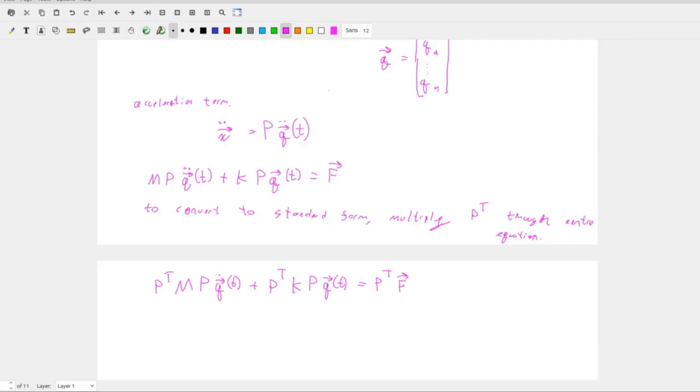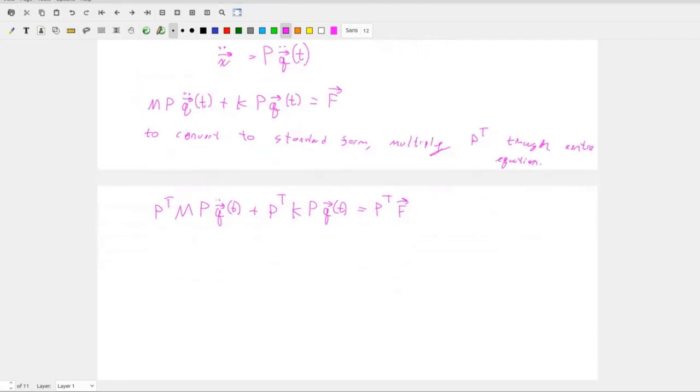That's all we did. So if the modes are normalized, P transpose of M P is equal to the identity matrix I. Right?